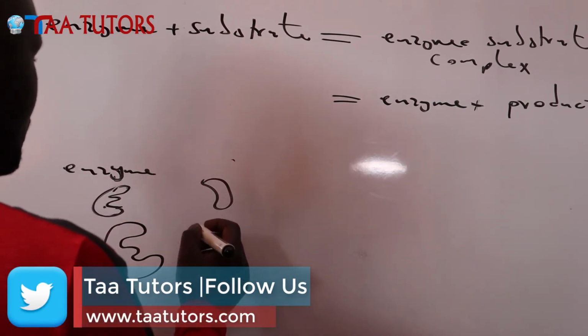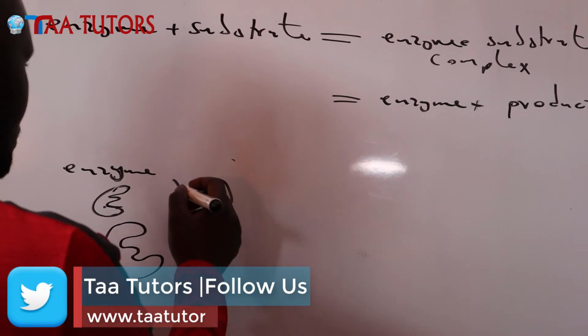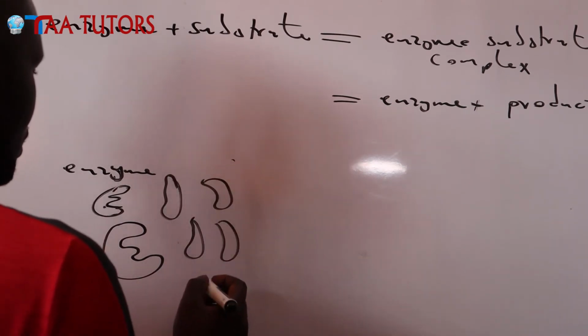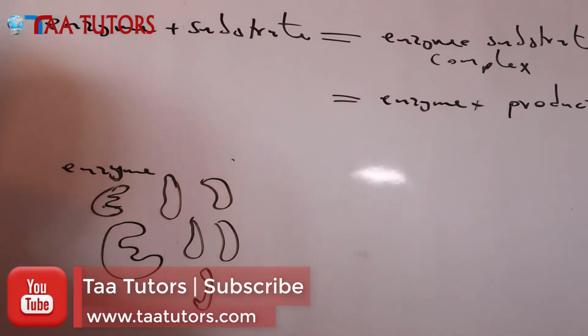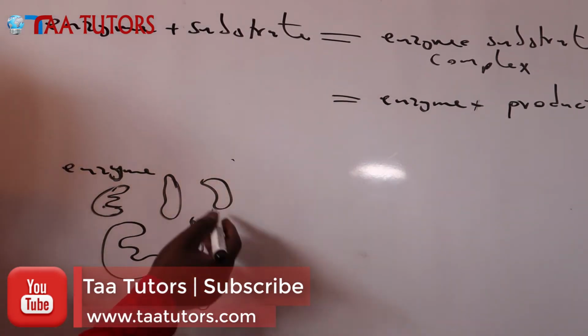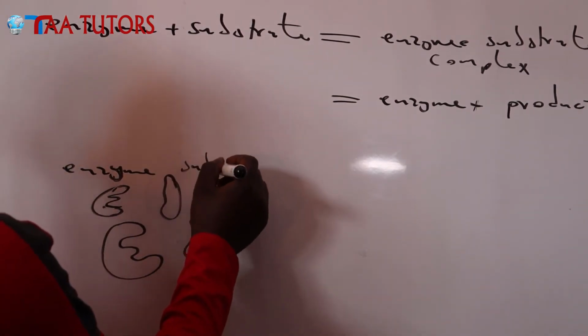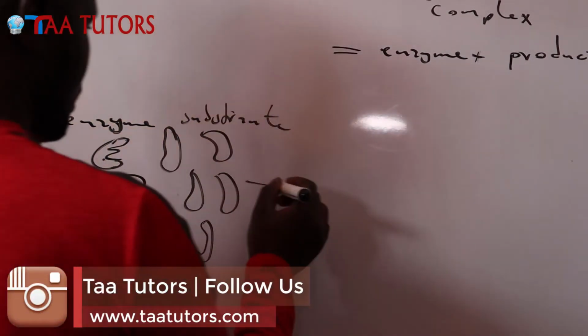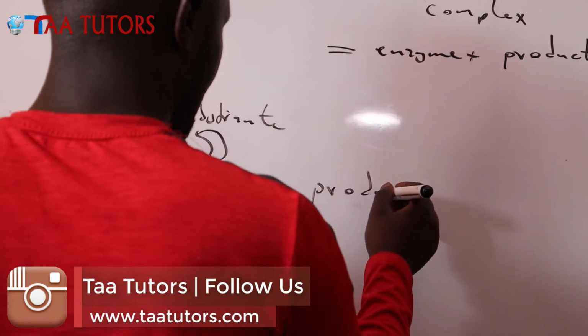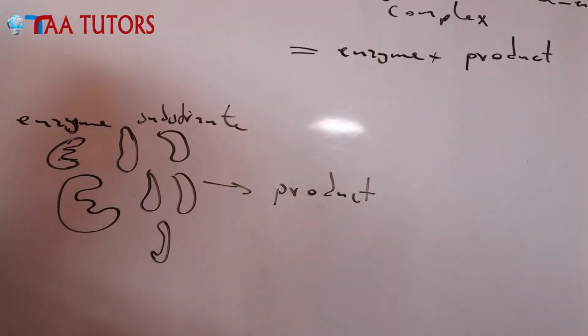What do I really want? I want to break down this particular substrate. You can have a look at how substrate molecules are here. This substrate will be combining with the enzyme, and at the end of the day I'll be getting product.